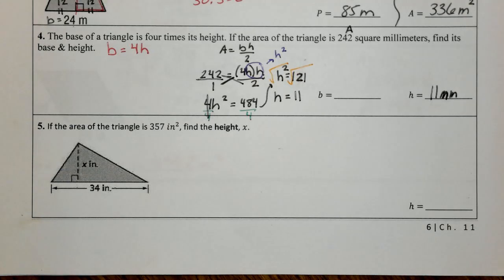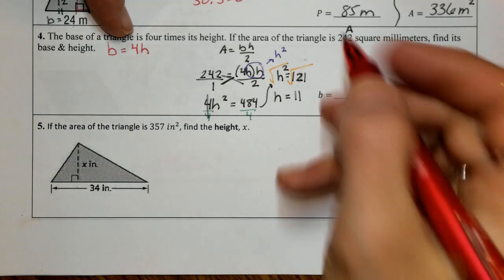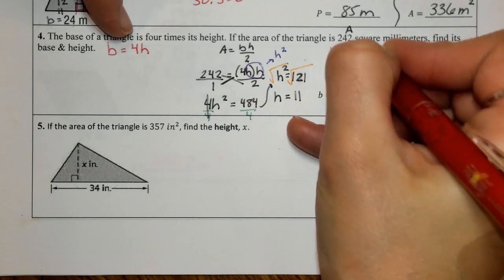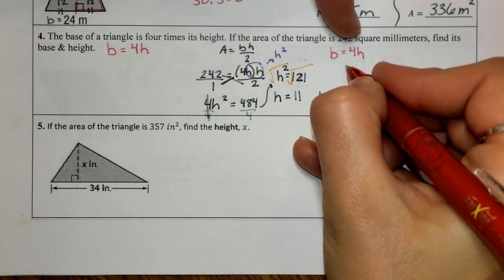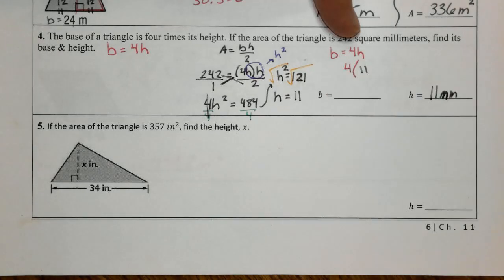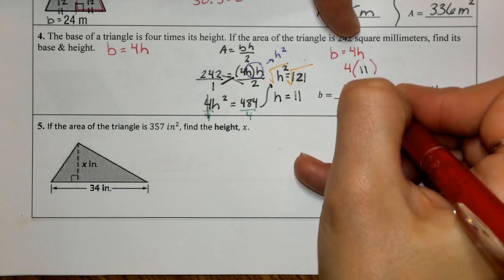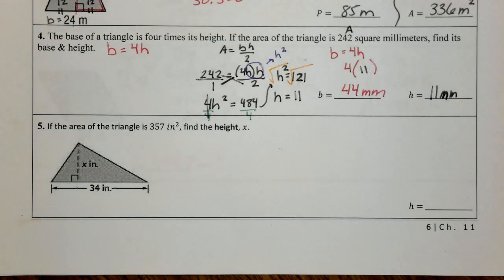For the base, we have to go back to this formula. The base was 4 times the height. So the base is 4 times 11 millimeters, giving us 44 millimeters. Please go back and rewind if you need to. Very, very complex problem there.